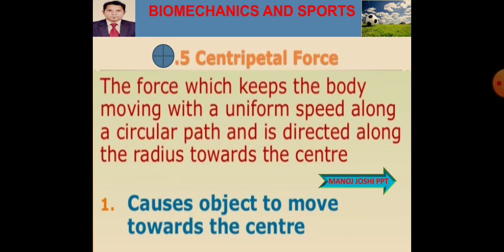Centripetal force means while the object is moving in a circular path, it is controlled or directed by the center, towards the radius of the circle. In case the control or the direction is missing, the object will fall into the center.